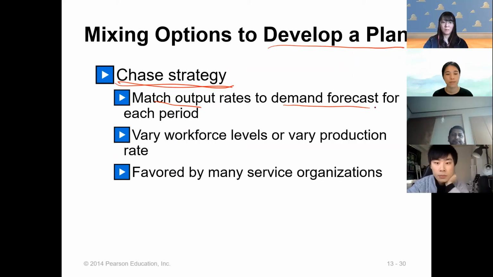For example, if the period is monthly, you need to match output. That means you produce the same as your demand. But by using chase strategy, you need to vary your workforce or vary your production rate. You need to change your workforce levels. That's why it's not good.